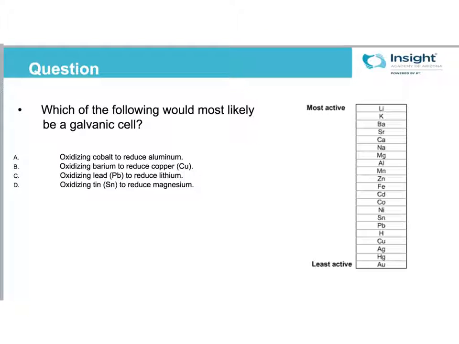And just an example of how you might use this information is: which of the following would most likely be a galvanic cell? A galvanic cell, another word for voltaic, occurs spontaneously. So that means it's going to follow your reactivity series. So let's look at cobalt and aluminum.